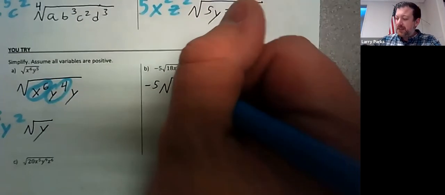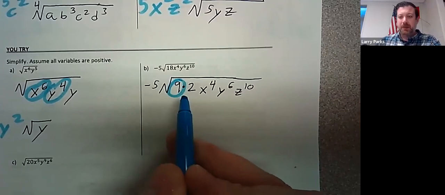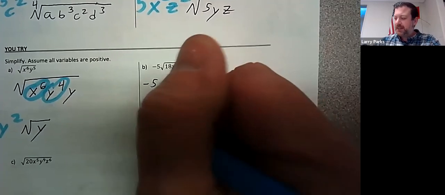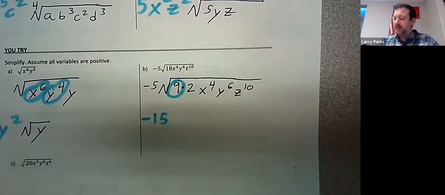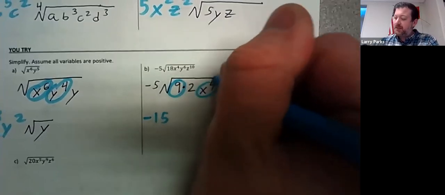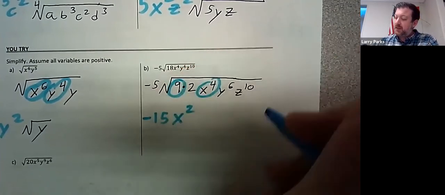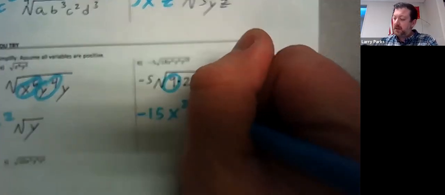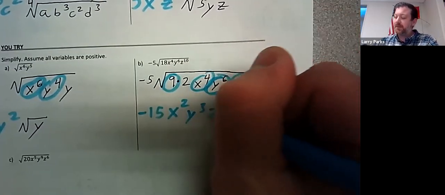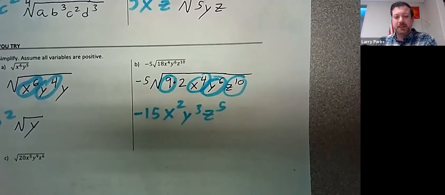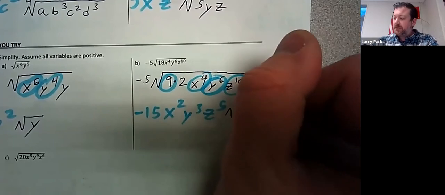Square root of 9 is 3. So you bring out a 3, and you already have a negative 5. Negative 5 times 3 is negative 15. And then 4 divided by 2, 6 divided by 2, and 10 divided by 2. What's left over? Just the 2.